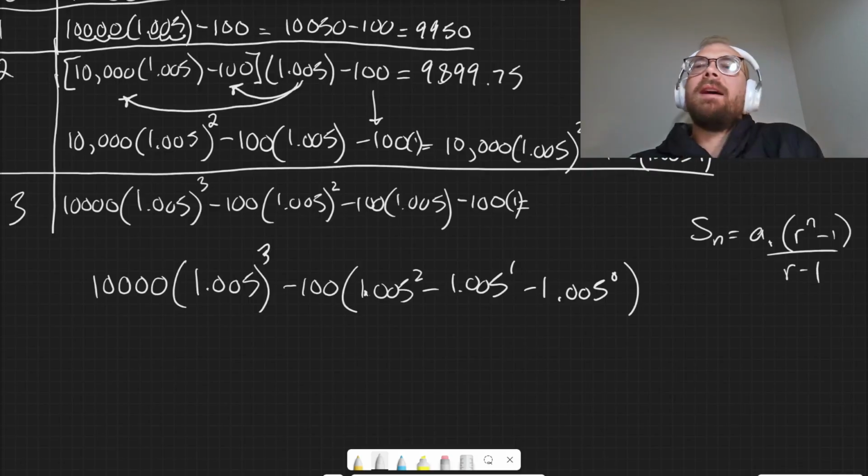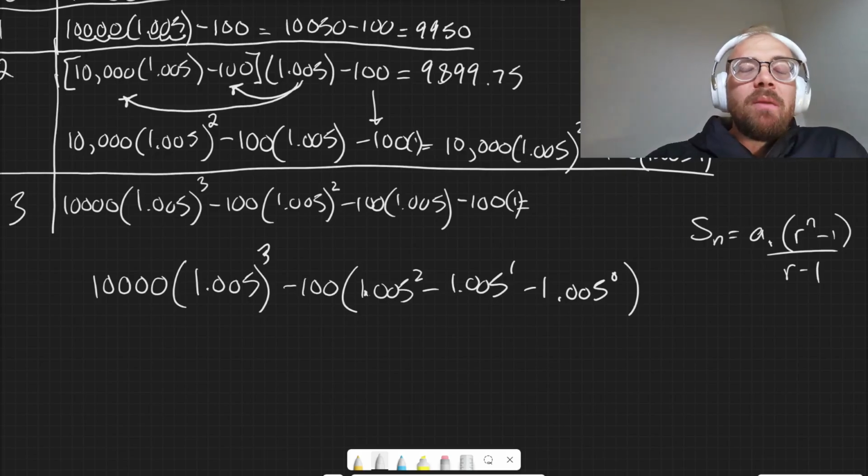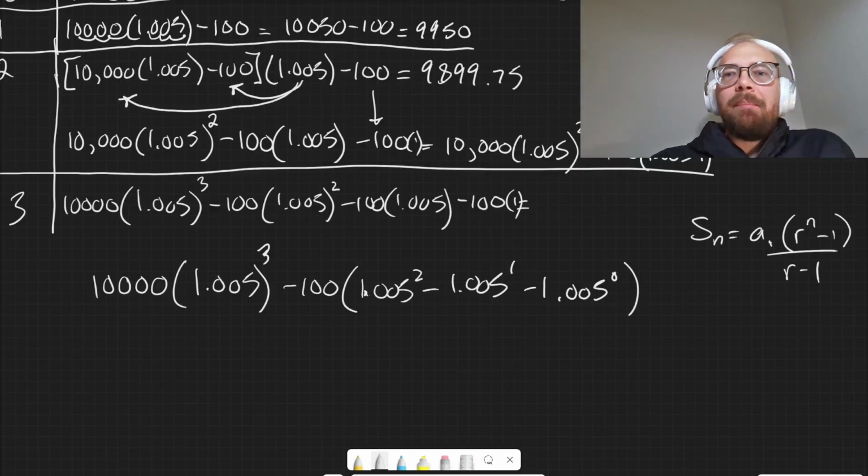I think it was like that. And we'll double check it to make sure we get the right answer. But there's a summation formula here. So we're adding a ton of things, and the r is going to be the rate of what we're adding because it's a geometric sum. So the 1.005 is the r in this case.